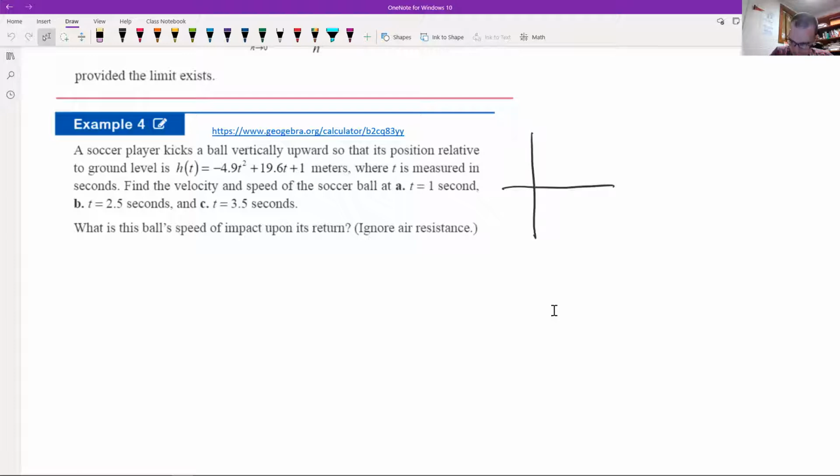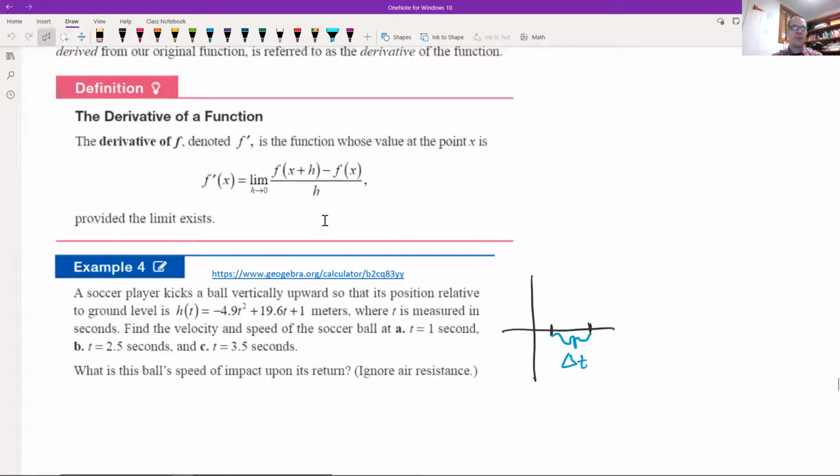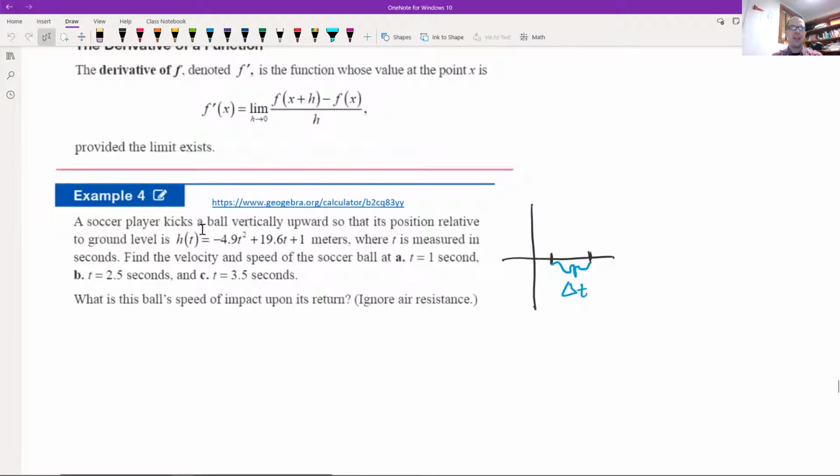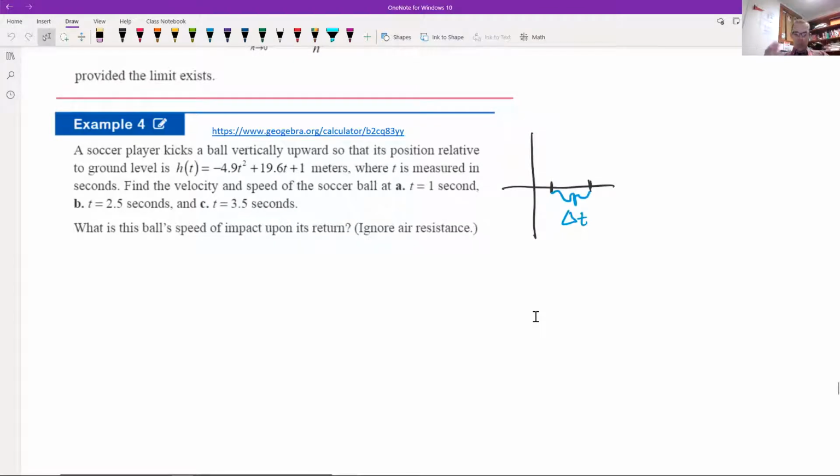If you're looking at the difference between two t values, two time values, we can call this delta t, and that's functioning the same way that h has functioned, but now our function's named h. So I don't want to use that anymore. So we're going to take the limit as delta t goes to 0. Okay, let's do this.